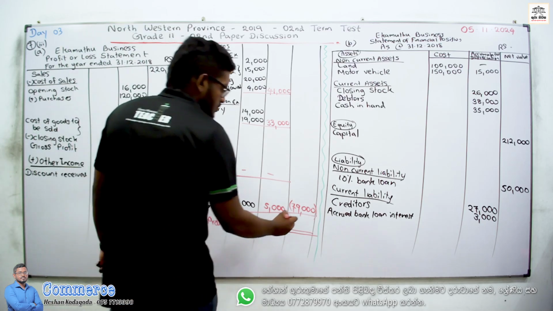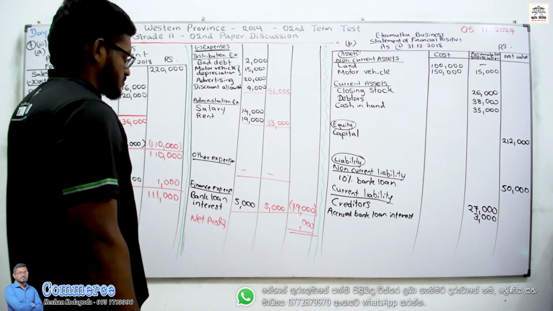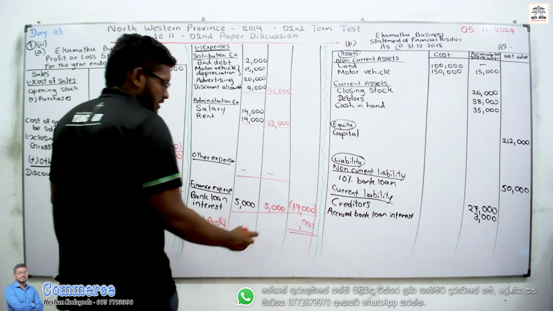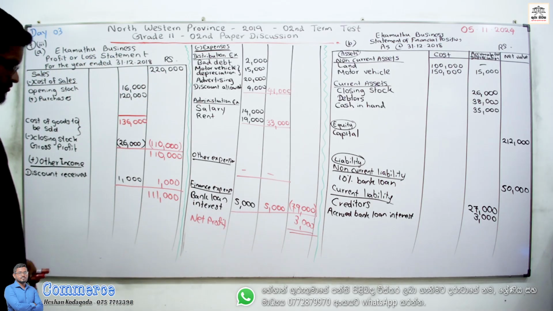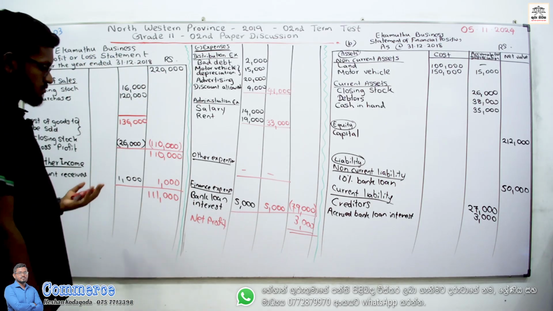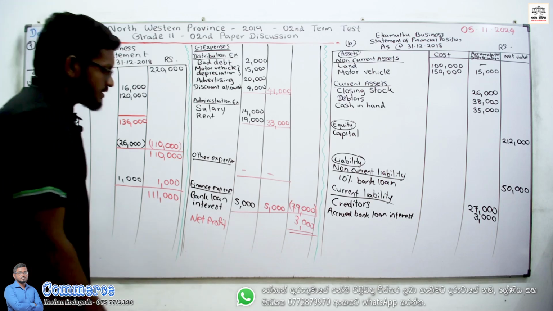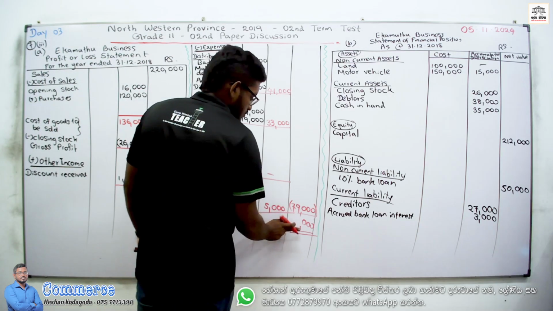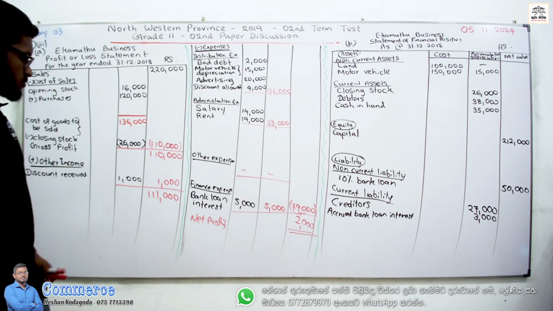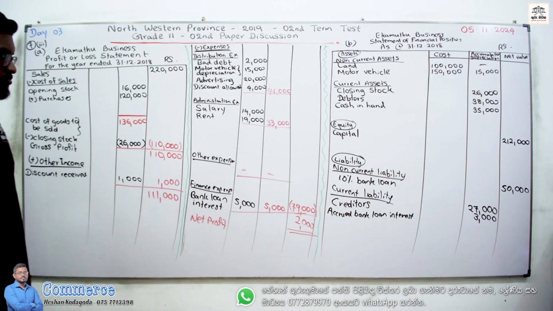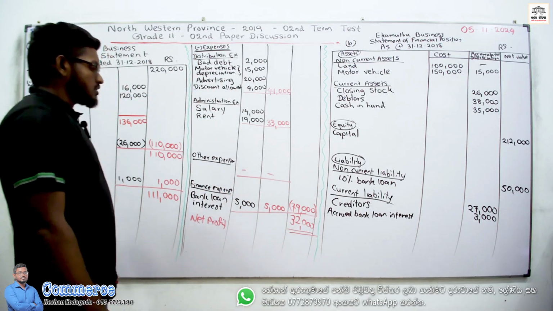So it's 32,000, no, it's 2, right? 32,000.